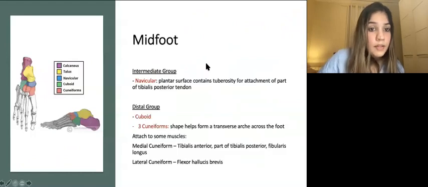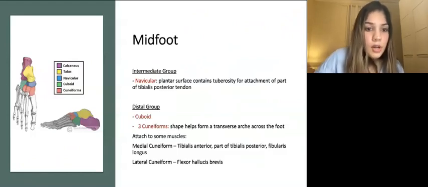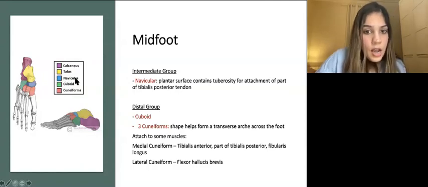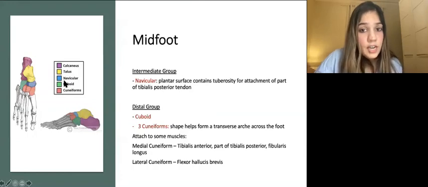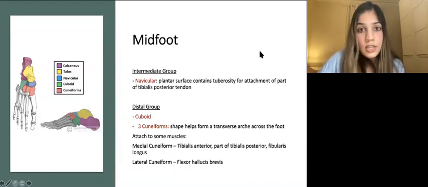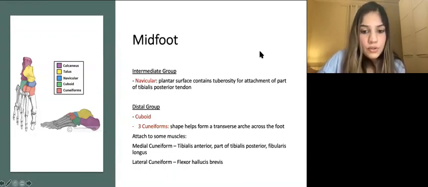And then with the midfoot, you've got the navicular, which contains a tuberosity for attachment of part of the tibialis posterior tendon. You've got the cuboid and the 3 cuneiforms. I'll let you read this, because in the interest of time, we've still got a few more things to go through.